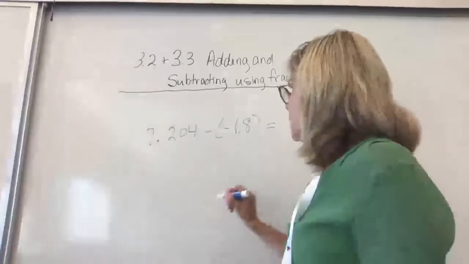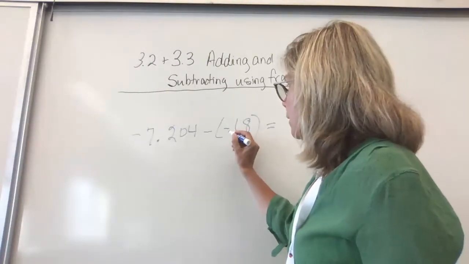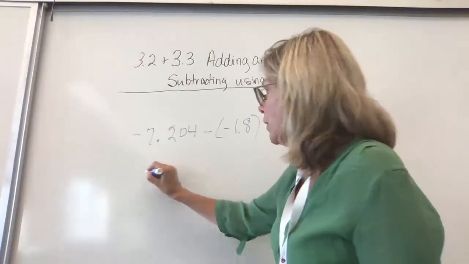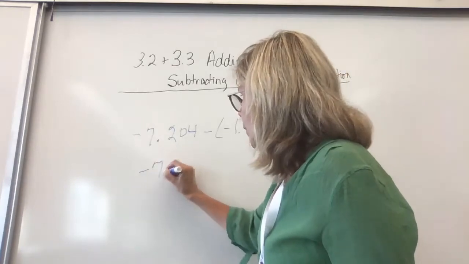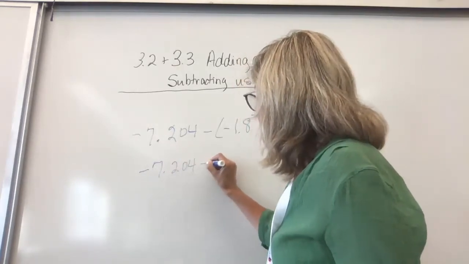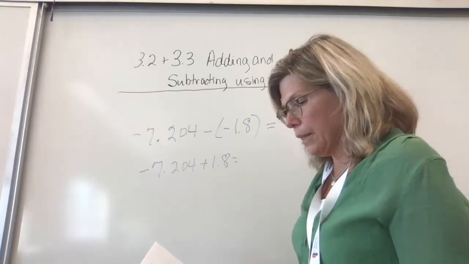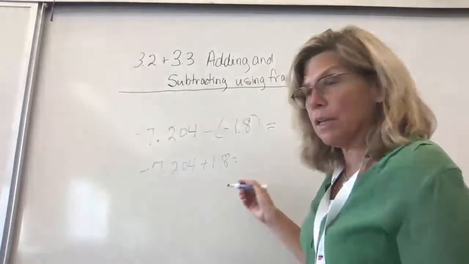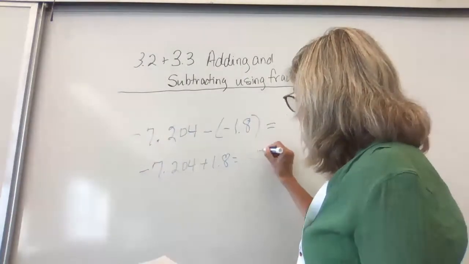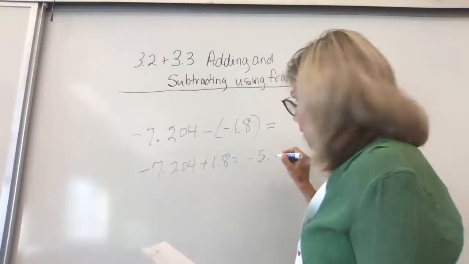Okay, so in this case, we know a negative and a negative gives you a positive, right? So that's minus 7.204 plus 1.8 equals, and I'm just going to tell you the math, it equals minus 5.404.